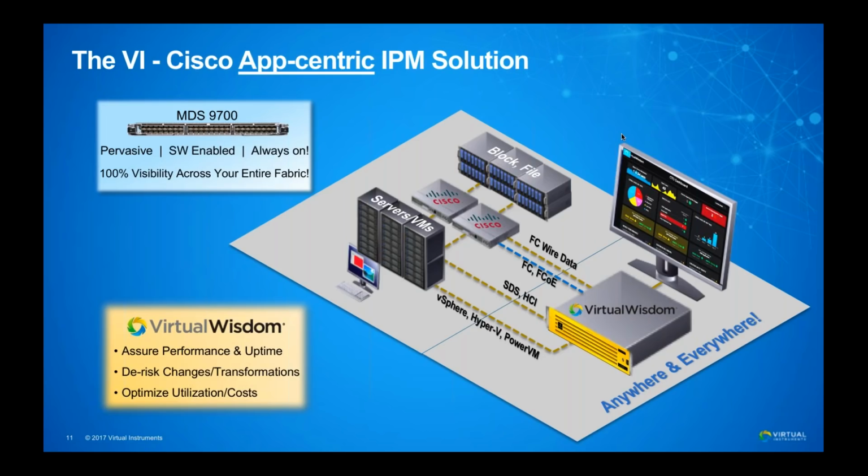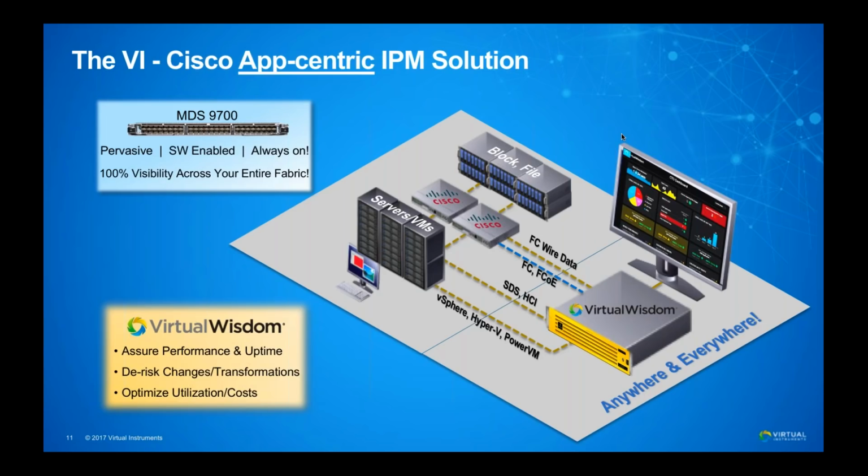So if you have UCS with FCoE converged modules connecting into an MDS, or into a Nexus and then an MDS, we will see from a software perspective that traffic from the edge all the way back, and correlate that to the wire data we're seeing on the FC links between the MDS and the storage. We'll combine that with data we're capturing from the host side, whether you're running vSphere or Hyper-V or PowerVM from AIX.